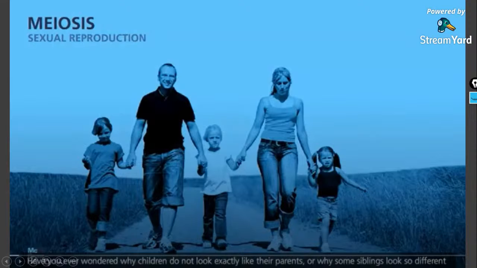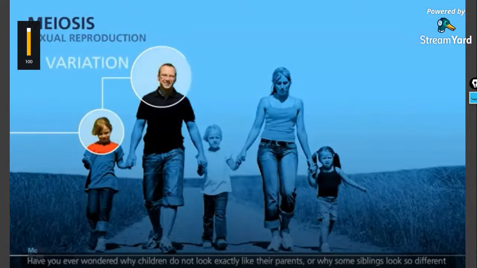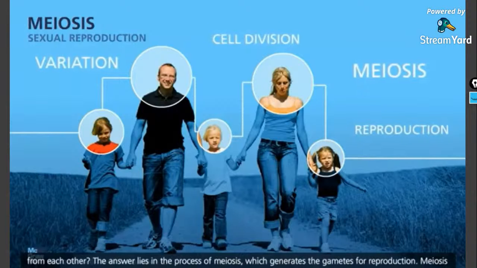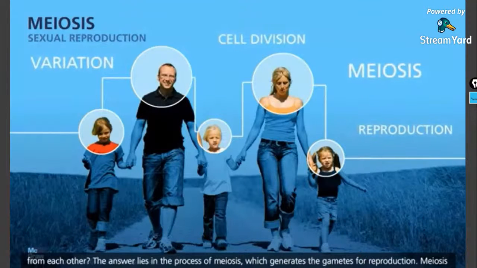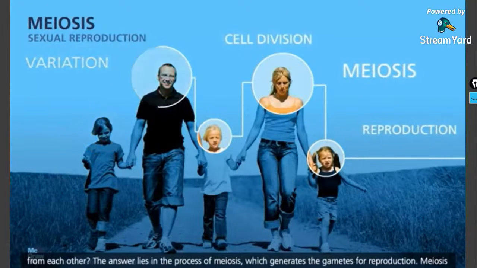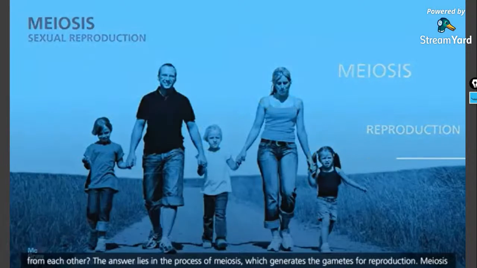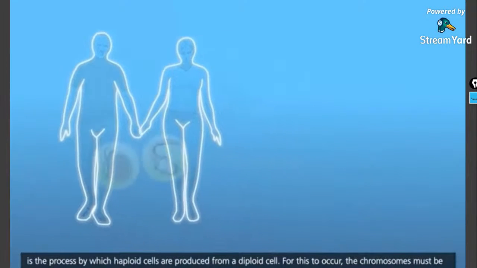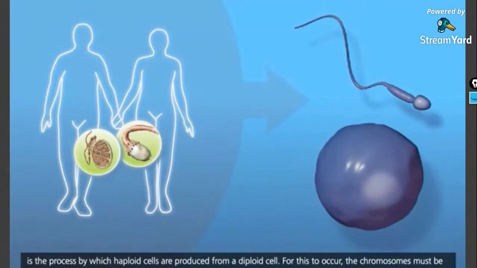Have you ever wondered why children do not look exactly like their parents? Or why some siblings look so different from each other? The answer lies in the process of meiosis, which generates the gametes for reproduction. Meiosis is the process by which haploid cells are produced from a diploid cell.